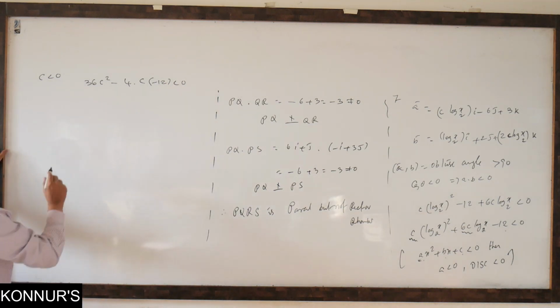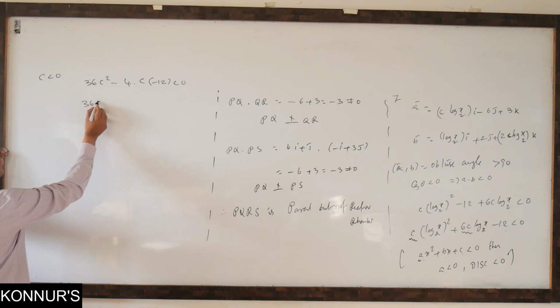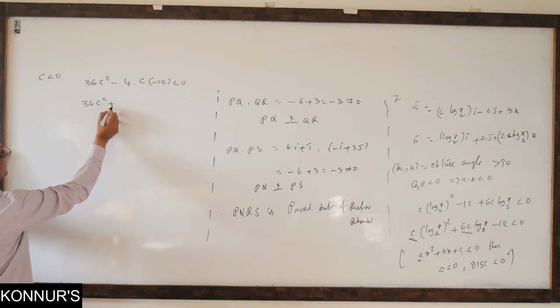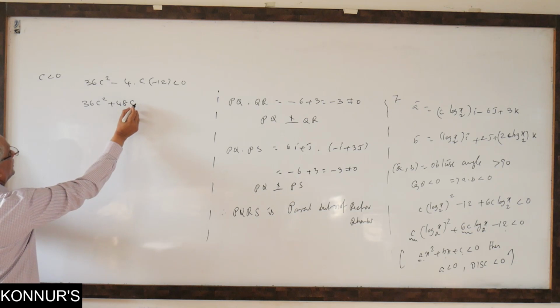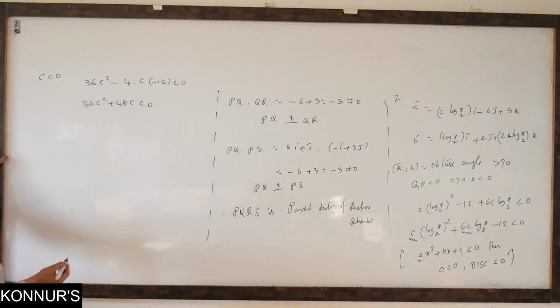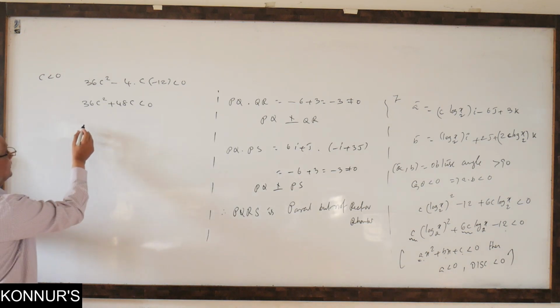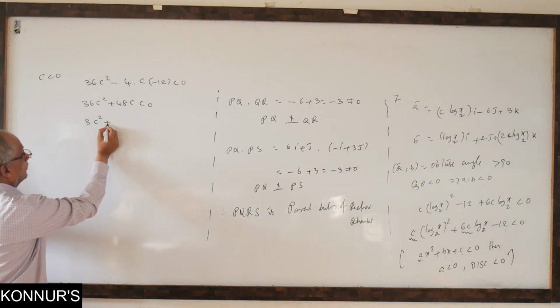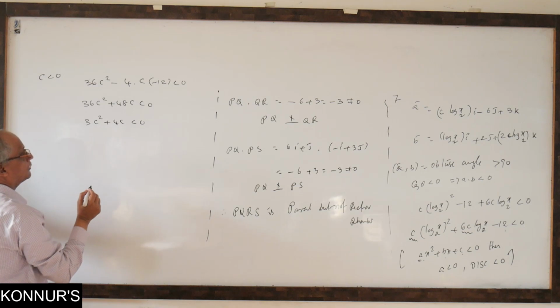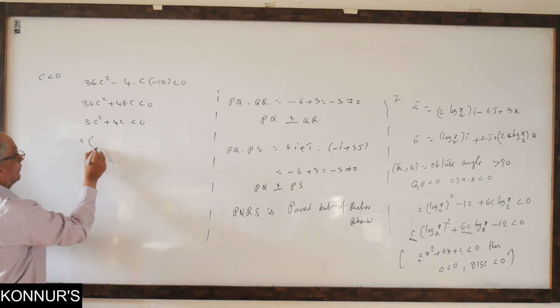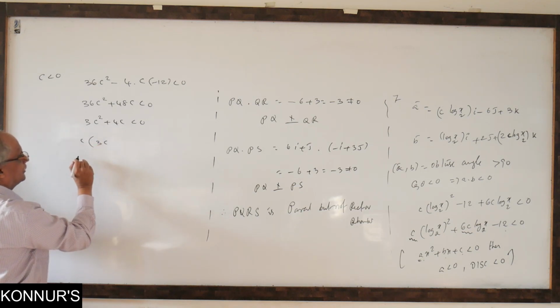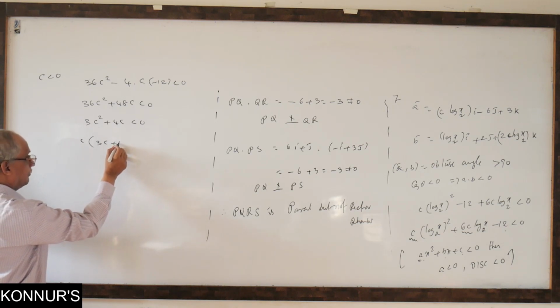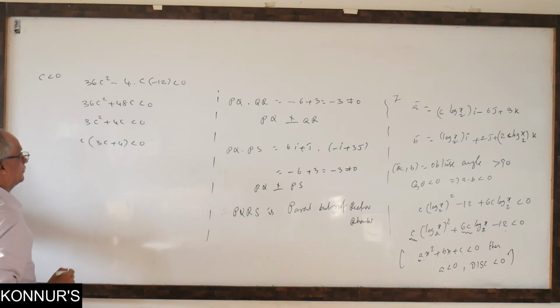Then 36c square plus 48c negative. Cancel one number, 12 cancel. 12 into 3, 12 into 4. 3c square, 4c, c common. 3c plus 4 negative.